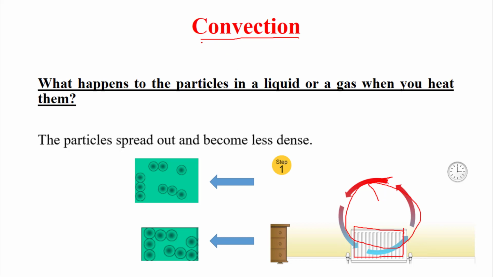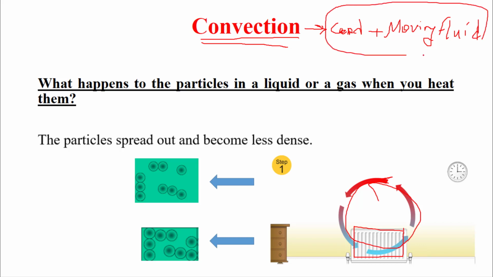So in order for convection to happen, we need conduction, because we need a solid medium plus a moving fluid. Then we can call it convection, both effects together.